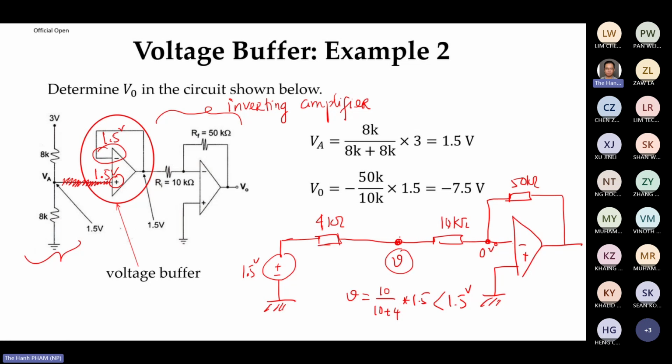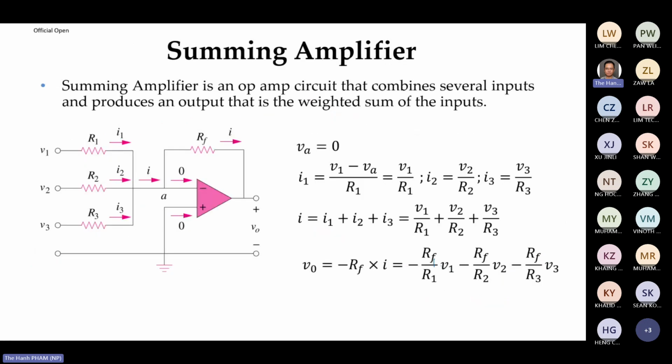Okay, so that is now the summing amplifier. This one will be useful later on when we talk about ADC, DAC, right? Because inside the IC that performs ADC and DAC is actually a summing amplifier.